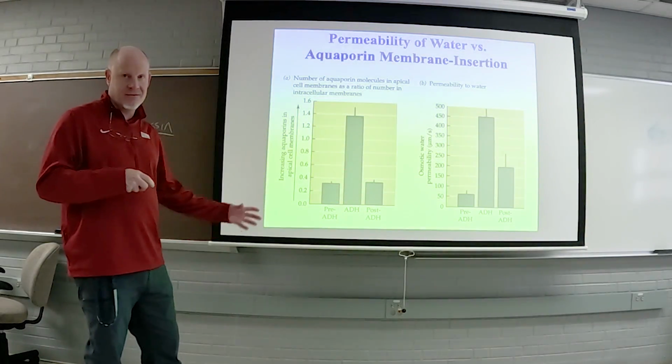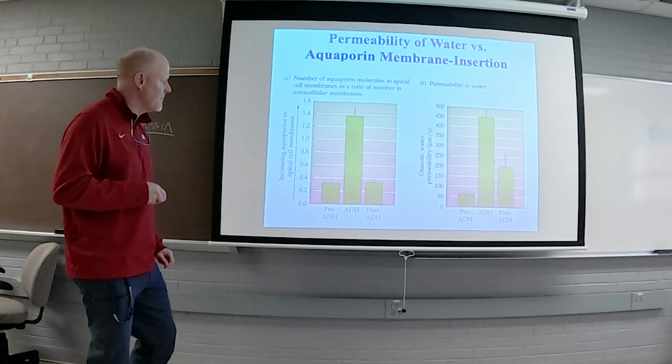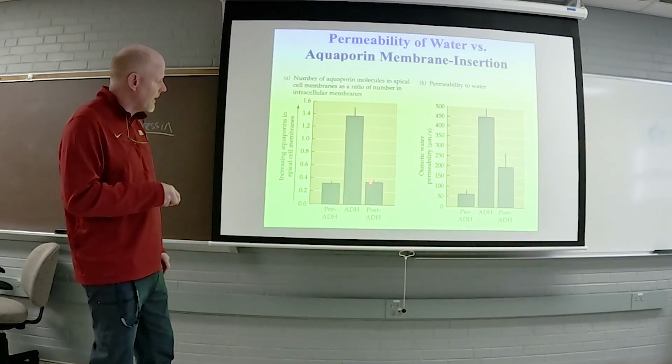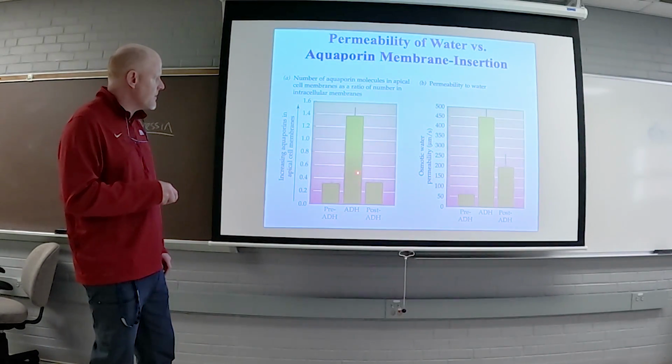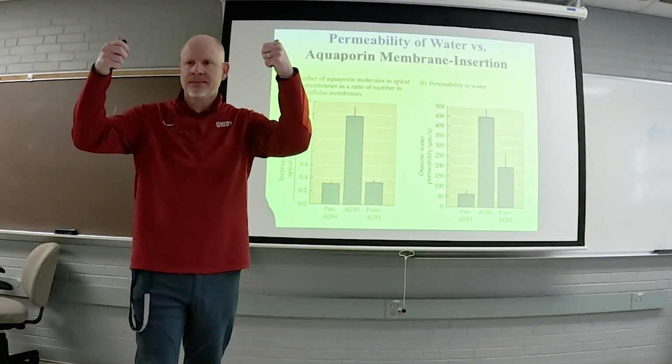It's very significant, statistically significant, big time. And even in the post-ADH, you have a little more, but it's really not statistically significant between pre and post-ADH, but when ADH is present, aquaporin number goes way up.